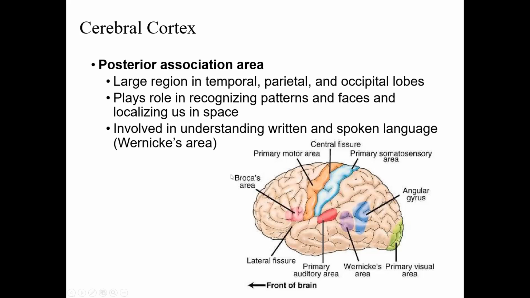And again, there's the central sulcus right there. Everything behind the central sulcus is going to be the posterior association area: visual association, Wernicke's area, the primary auditory cortex, the auditory association area, the gustatory association, the olfactory association.